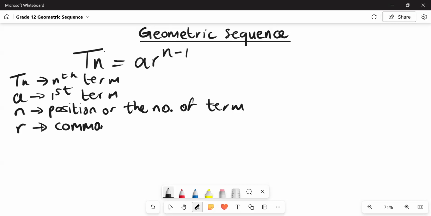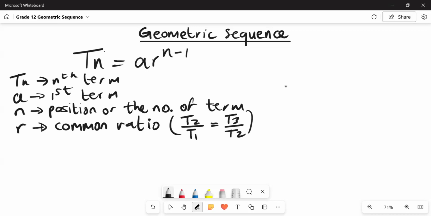And there's a formula to actually calculate this guy. So we have to say T2 divided by T1 equals T3 divided by T2.